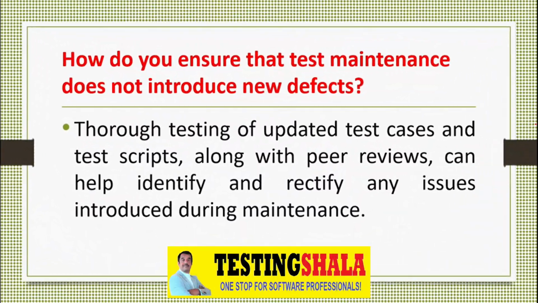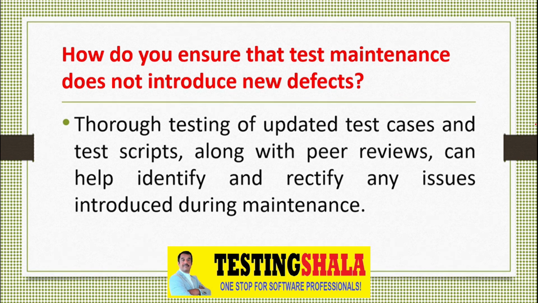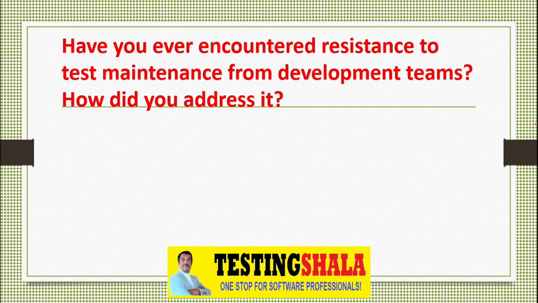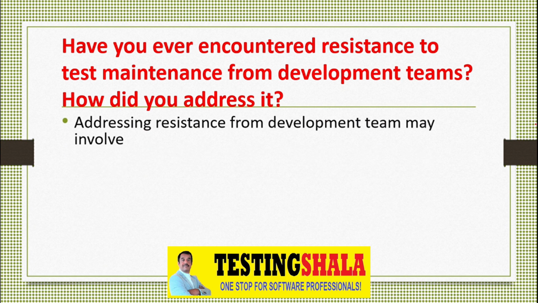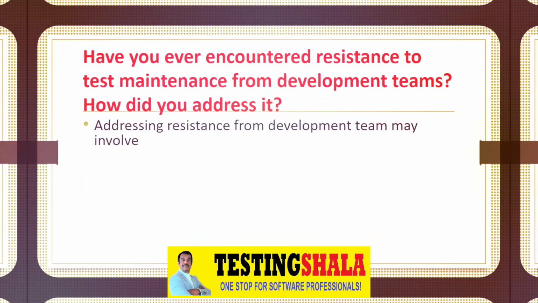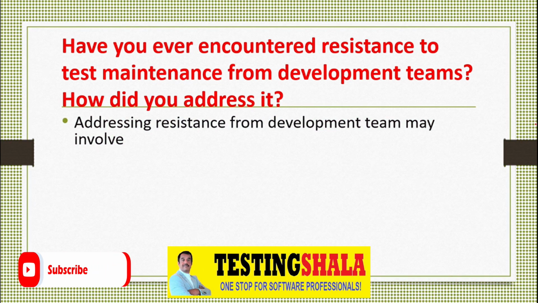How do you encounter resistance to test maintenance from the development team, and how do you address it? During maintenance, testers have to put in a lot of effort in maintaining the test cases. Sometimes the development team may not be interested in all that maintenance, which you can understand, because they are interested in new development, new things. When the testing team says we need to maintain the existing test cases or automation scripts, they may say that is not relevant.